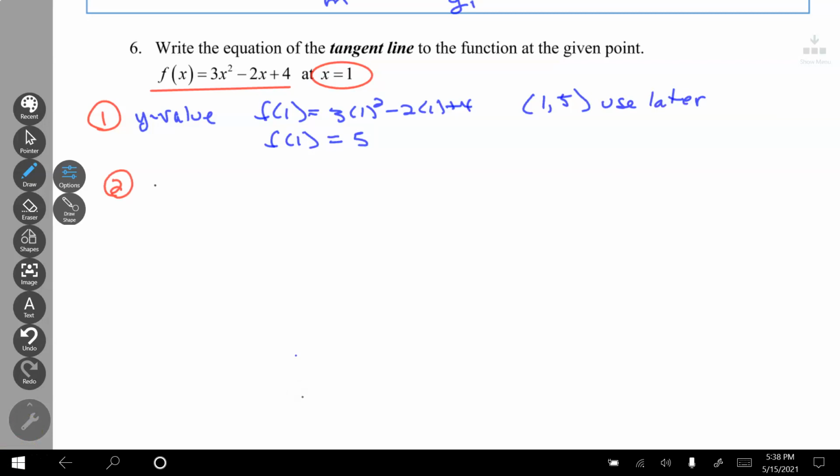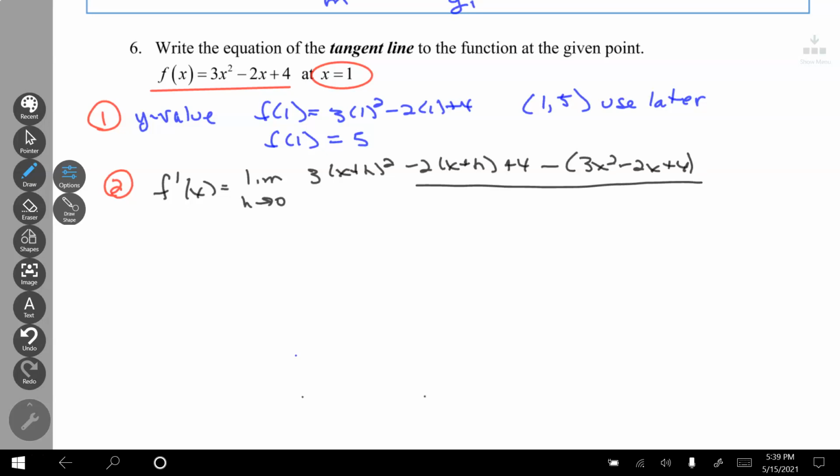Step 2, find the derivative. So I take my whole derivative definition I've been using all day, plug in this whole x plus h into the original function, subtract the original function, all over h, and now we can clean it up.